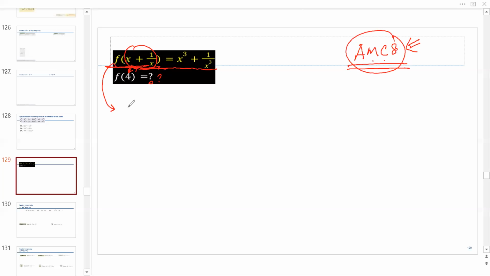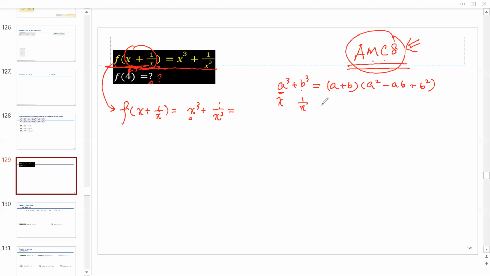We just consider something like this. Did you guys learn this? We just learned this one, right? So this one we can consider as A cubic plus B cubic. So this can be factored into A plus B, right, times A squared minus AB plus B squared. So A is x, right? B is 1 over x.